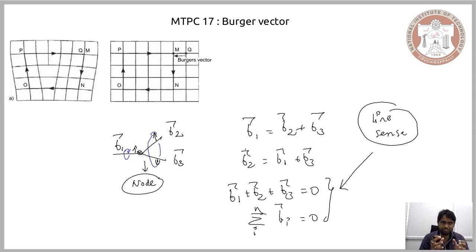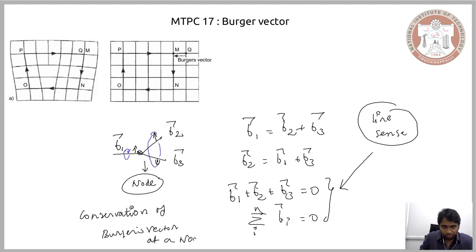So the line sense convention and how we construct the Burgers circuit helps us express the relation of the different Burgers vectors associated with dislocation lines interacting at a particular point, or node. This is referred to as the conservation of Burgers vector at a node. So these representations all talk about conservation of Burgers vector at a node.